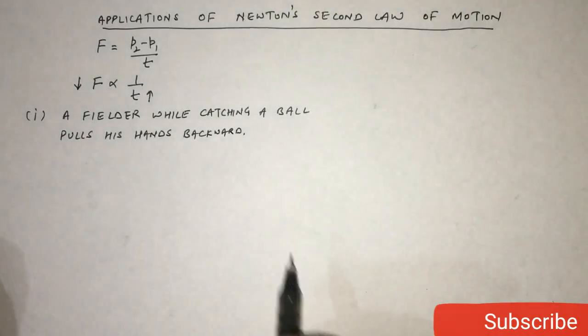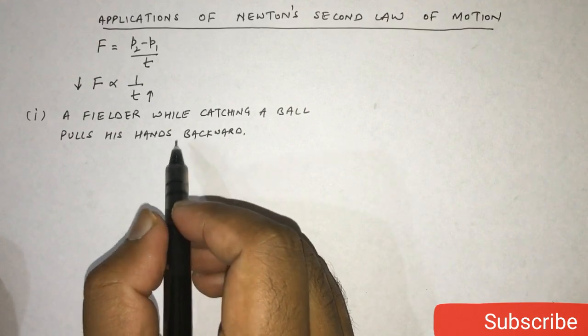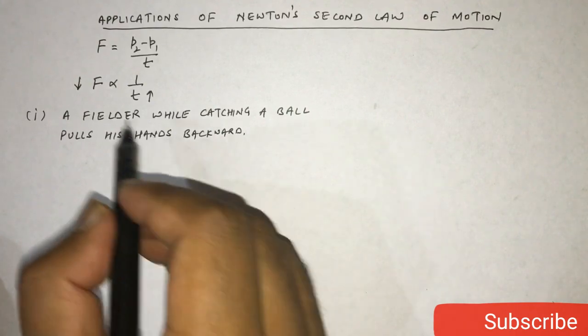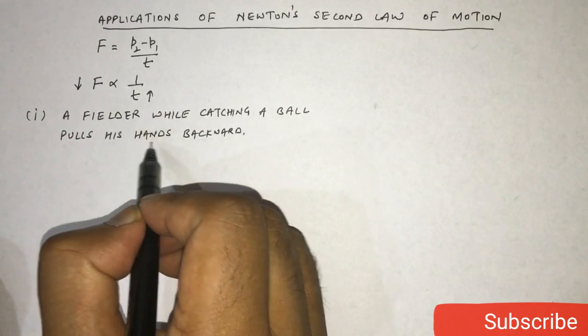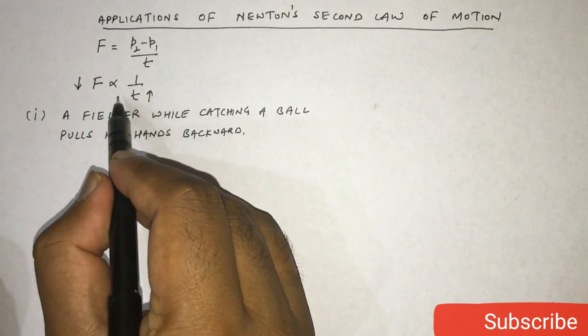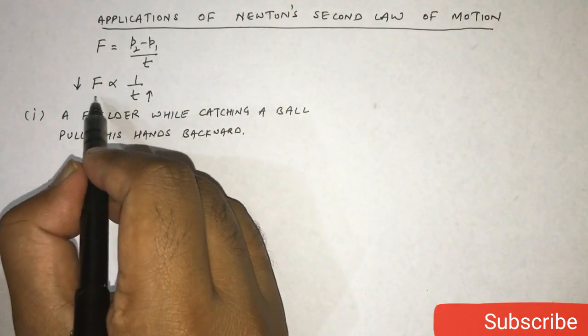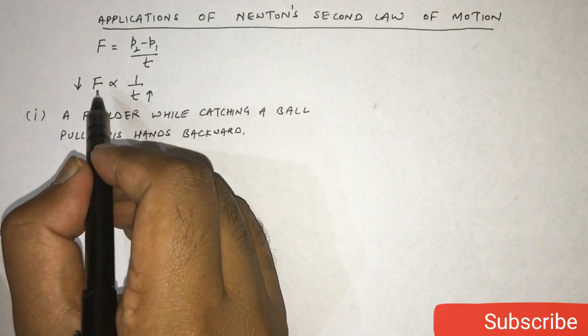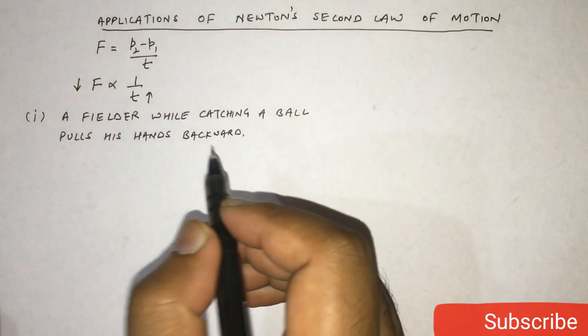When the fielder pulls his hand backward, in that case the time increases. While catching a ball, the fielder pulls his hand to increase the time. If the time increases, then the force of impact decreases. So in that case, the fielder hurts less.